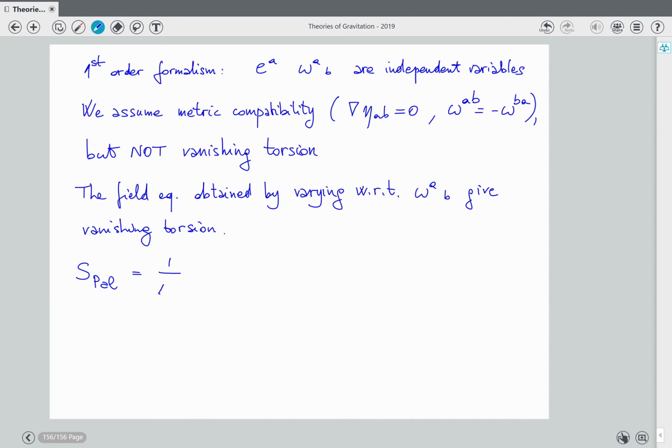It's 1 over 4k squared, integral on M of what? R, which is this, E epsilon. And so when we make a variation with respect to omega, we just vary inside here, inside the curvature. And when we study the variation with respect to E, we vary just those two terms.